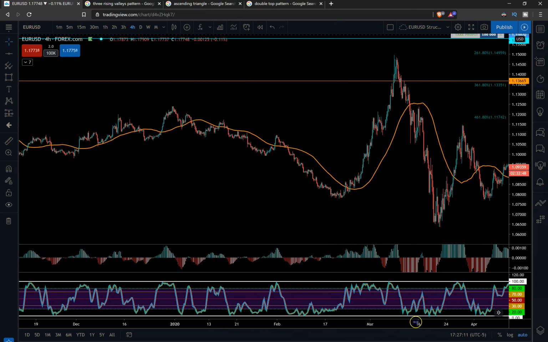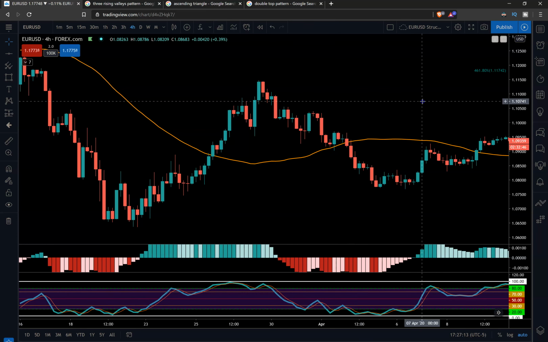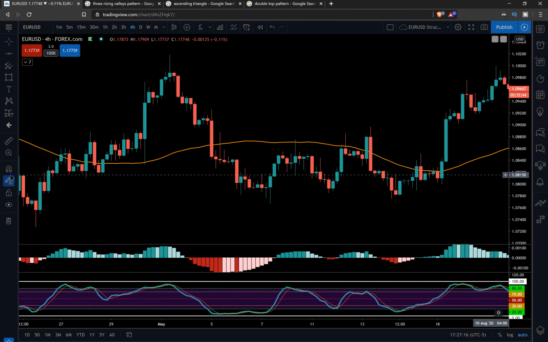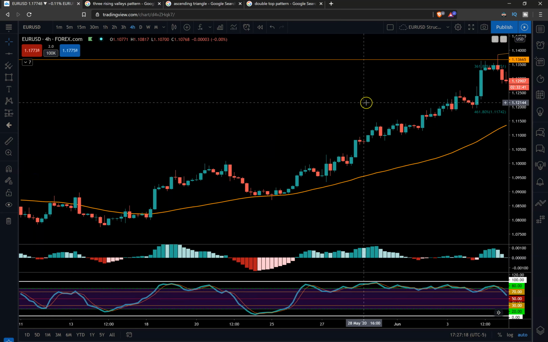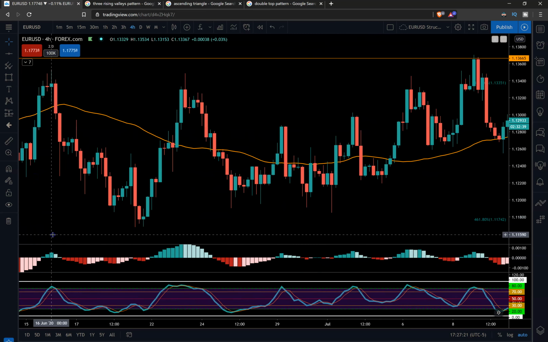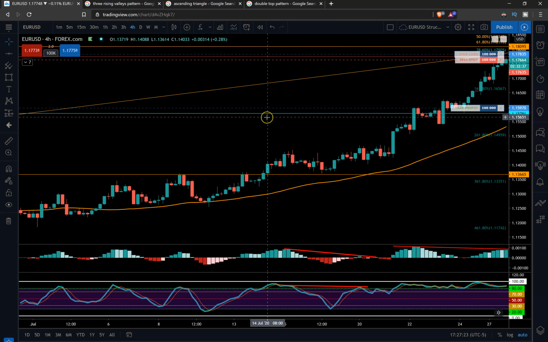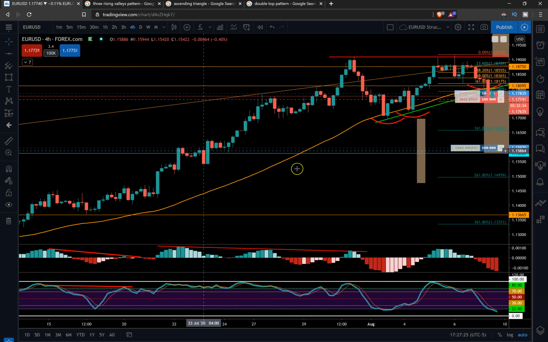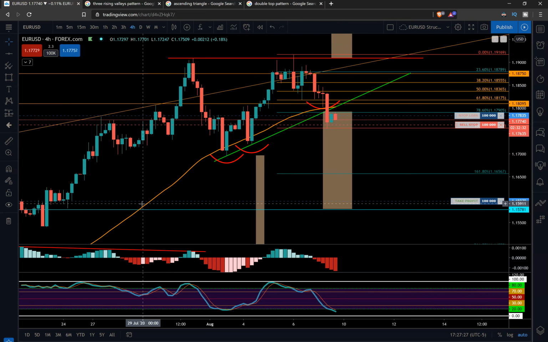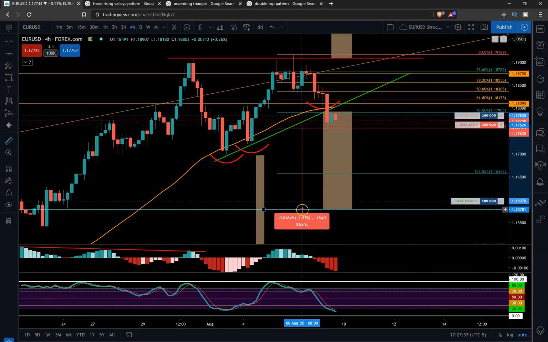Yep. So to give you a ballpark figure, a ballpark area to take profit would be about right there as a measured move. Again, measured moves are not perfect, but it does give you a ballpark figure, and that'll be about 180 pips.